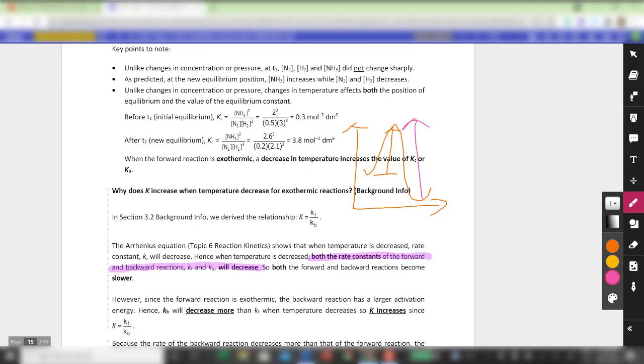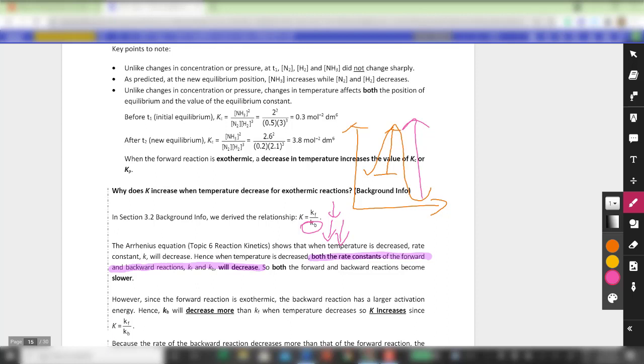Because of that, the decrease in Kb will be greater compared to the decrease in Kf, the forward rate constant. So on the whole, K as an equilibrium constant will still increase. Remember this.